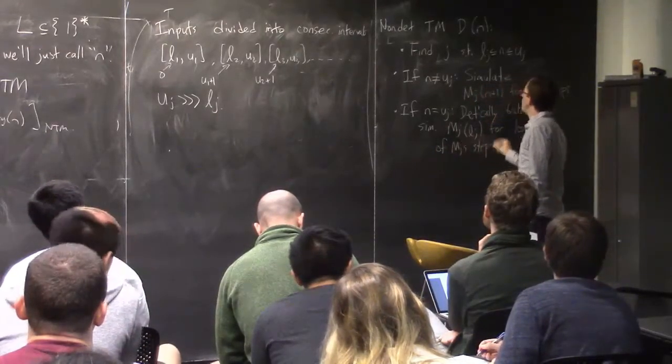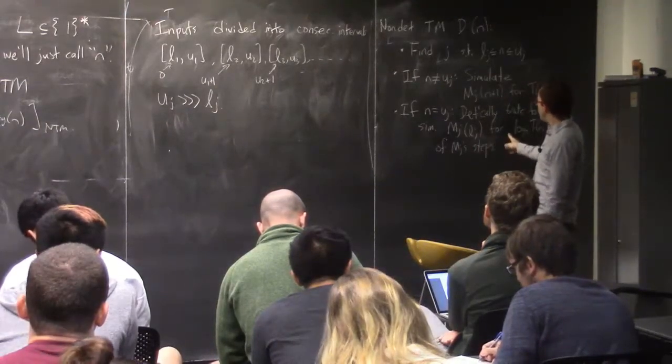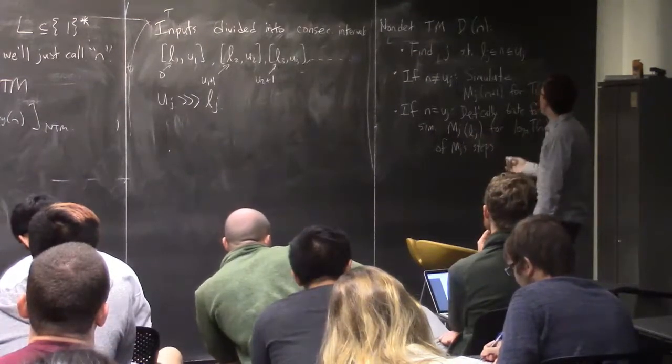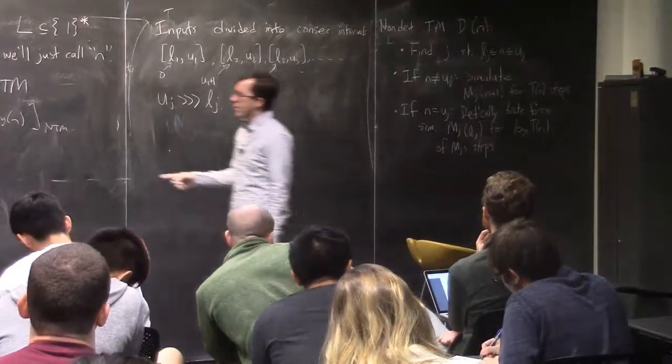So here I told you that D should take this amount of time, and here I'm saying D should do this many steps of M sub j. But it has enough time to do that in capital T of n time, or O of capital T of n time, because of this idea.